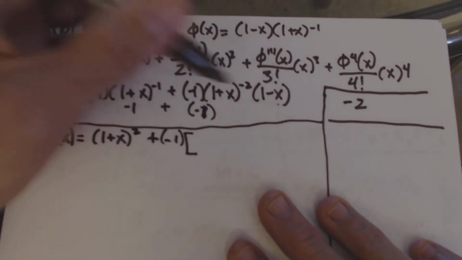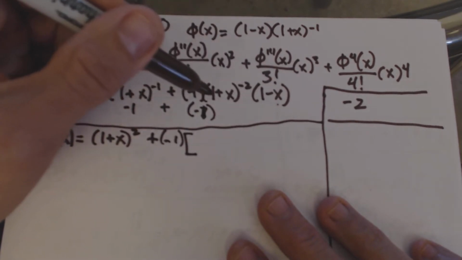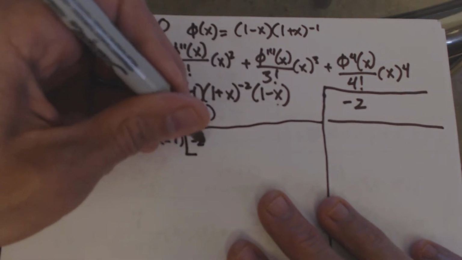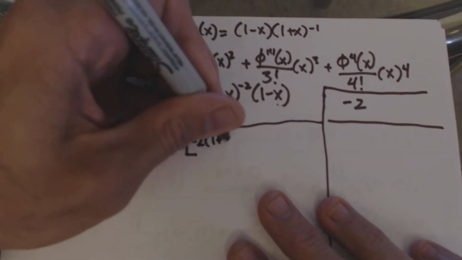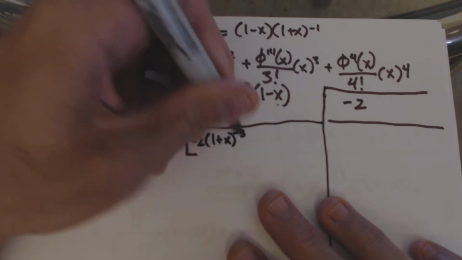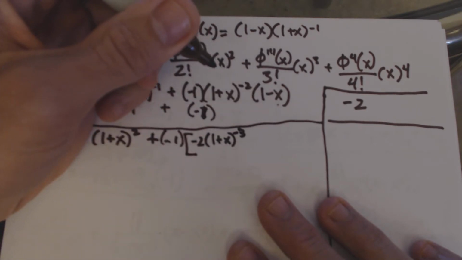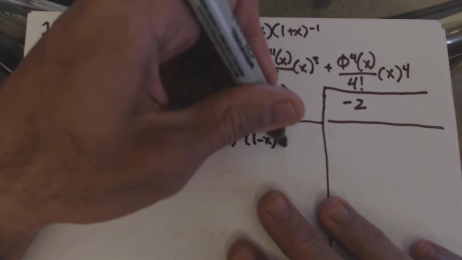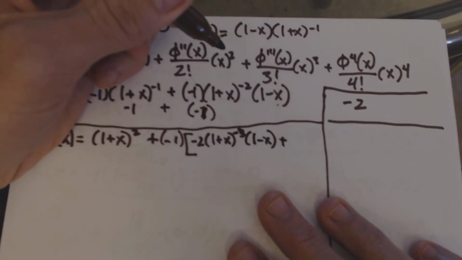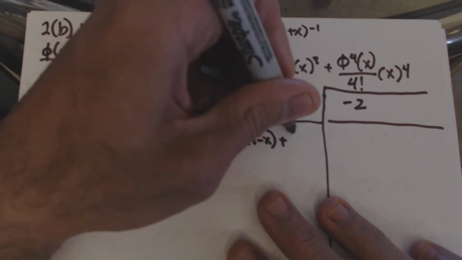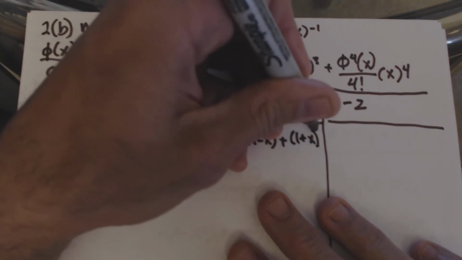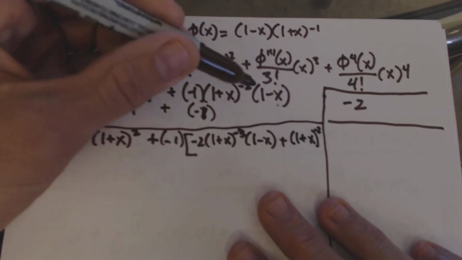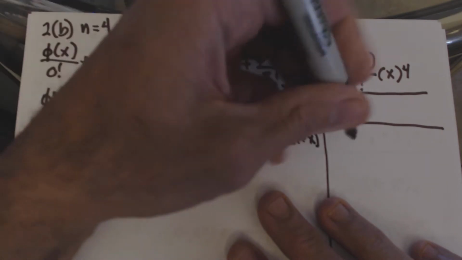Times, and now we have a product. We have to use the product rule. So negative 2 times 1 plus x raised to the power of negative 3 times the second function, plus the first function, 1 plus x raised to the power of negative 2 times the derivative of the second function, which is just negative 1.